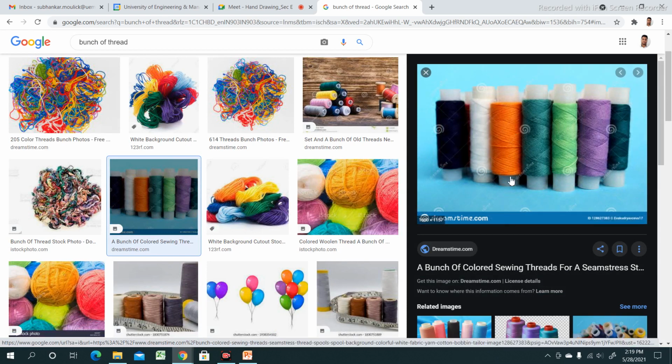All of you have seen it in your home, right? You all have it also. Yes or no? So if you see this bunch of thread, you take any one thread. Say suppose I take the orange color thread or the green color thread or the violet color thread. Any one color you take. Color is not the matter. Thread is the main concern.